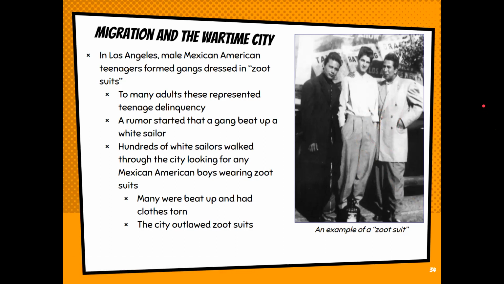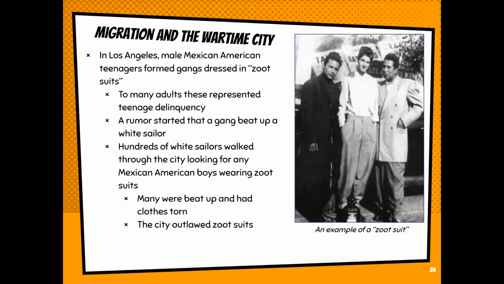But many adults falsely and wrongly believed that if you wore a zoot suit, you must be part of a gang, that you must be violent. And at one point, a rumor started that a gang of Mexican-American boys beat up a white sailor.